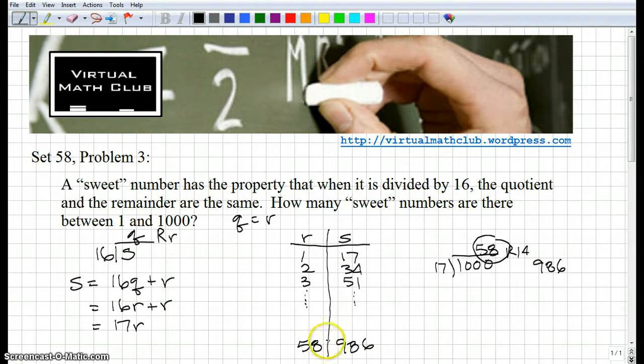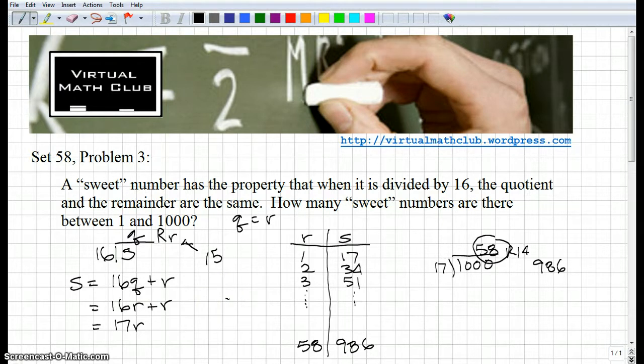And then I thought, wait a minute, the quotient and the remainder have to be the same. When I divide by 16, the biggest remainder I could get would be 15. That's the biggest remainder I could get, because a remainder of 16 is essentially a remainder of 0, since that just means I have one more multiple of 16 in my number.